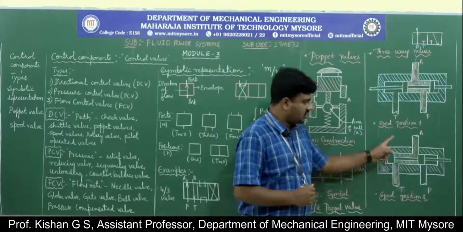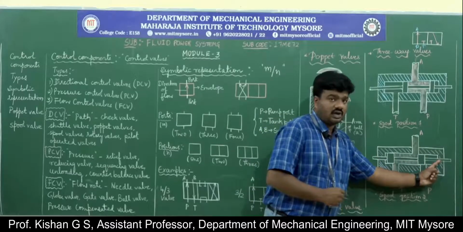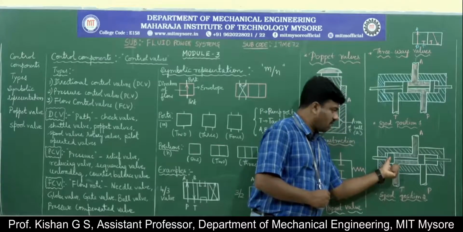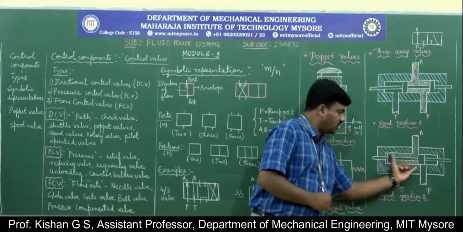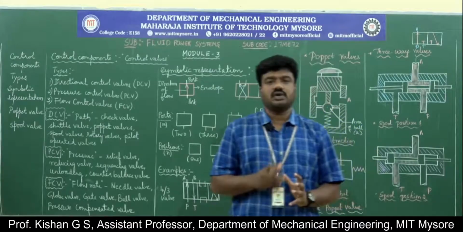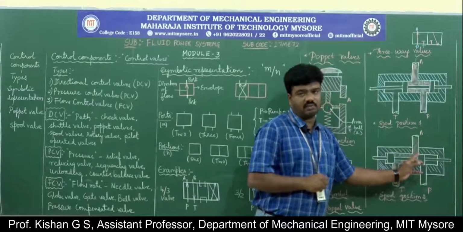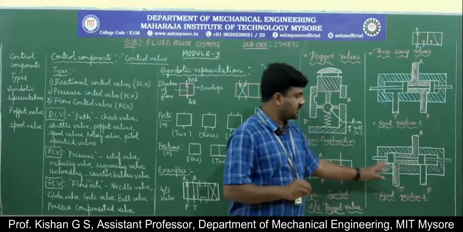If I go with this particular position, this is the shaft. In that shaft, I have this 1 and this 2. So 1 and 2 are the two enlarged circular portions which are equal to the diameter of the space available within the valve body. That is nothing but the spool.